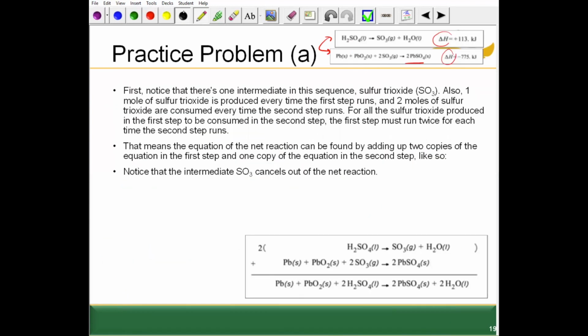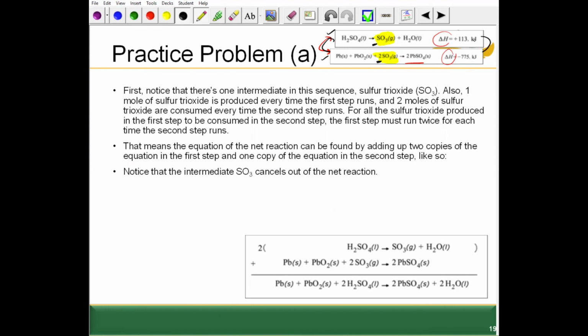As we're looking at how we can combine these two reactions, one thing we should note is that this sulfur trioxide shows up here and here. So first it's a product, then it's a reactant. This is what's known as an intermediate. It's not going to show up in our final reaction. At this point though, there are 2 moles of sulfur trioxide in this balanced reaction and only 1 mole here in this balanced reaction.